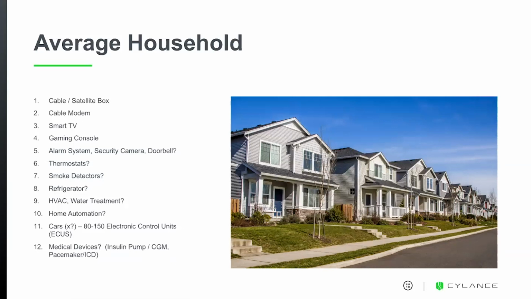One thing you might not consider is the automotive factor, right? Your cars. Your average modern car has over 80 to 150, generally about 100 really, ECUs in it. Each one of those is an embedded system, and a vehicle is largely a rolling network with ingress and egress points: Bluetooth, 802.11 wireless and cellular, a network being the CAN bus, and each one of those being an individual node on that network.